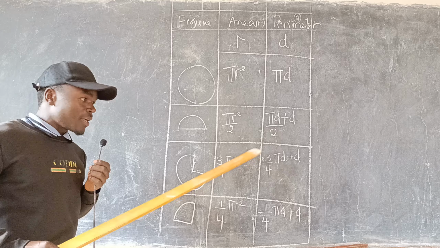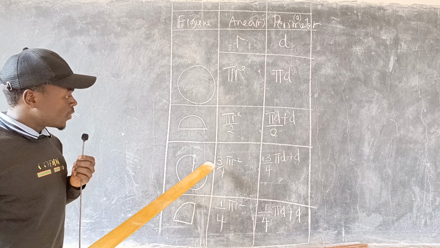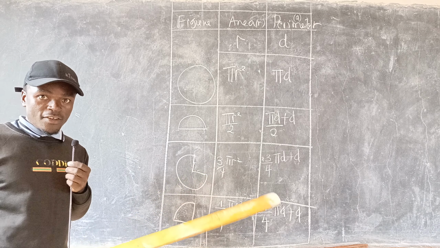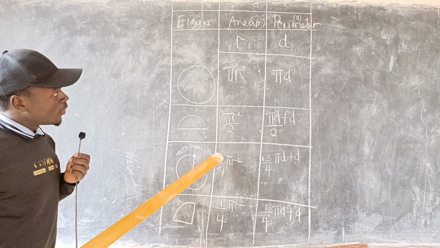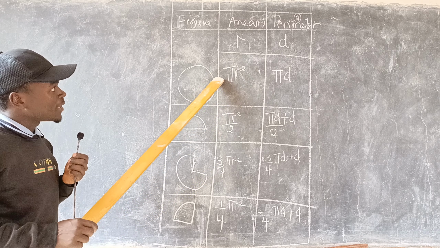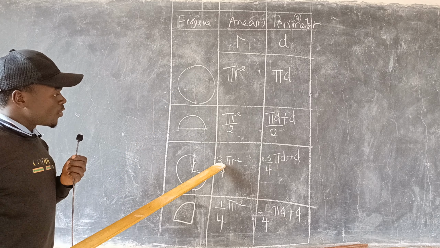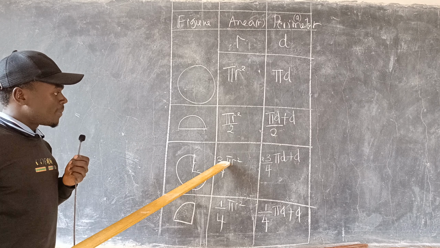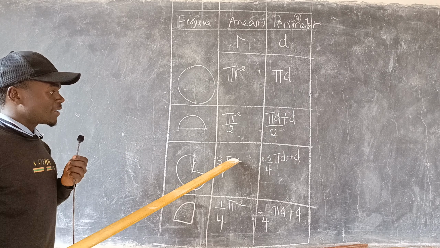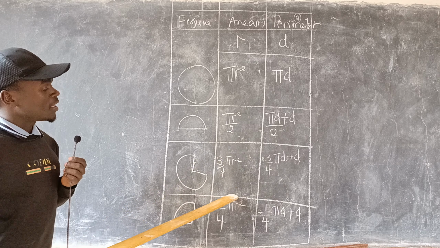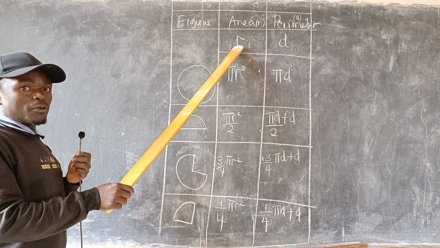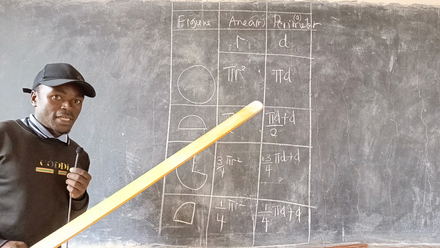If you go down there, a three-quarter sector. In this three-quarter sector, you know it is the same formula, but it has been multiplied by three-quarters. So it is 3/4 multiplied by pi r squared. The answer which we will get here will solve any problem of area of a three-quarter sector.